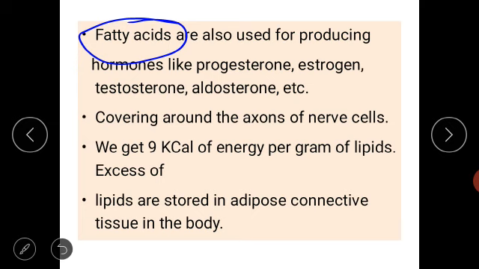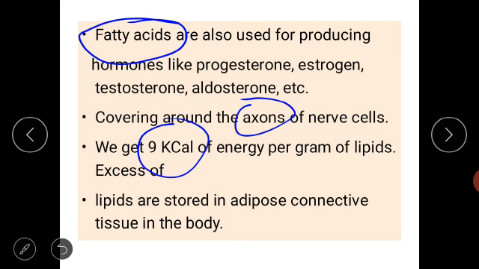Covering around the axons of nerve cells. The covering of the axons of the nerve cell is produced by what? It is produced by fatty acids. We get 9 kilocalories of energy per gram of lipid. It is much more than the carbohydrate and the proteins.